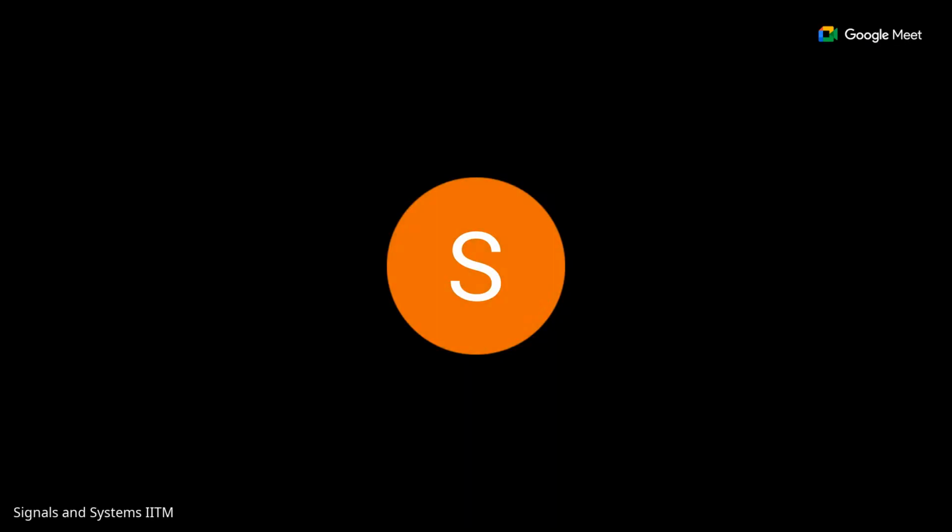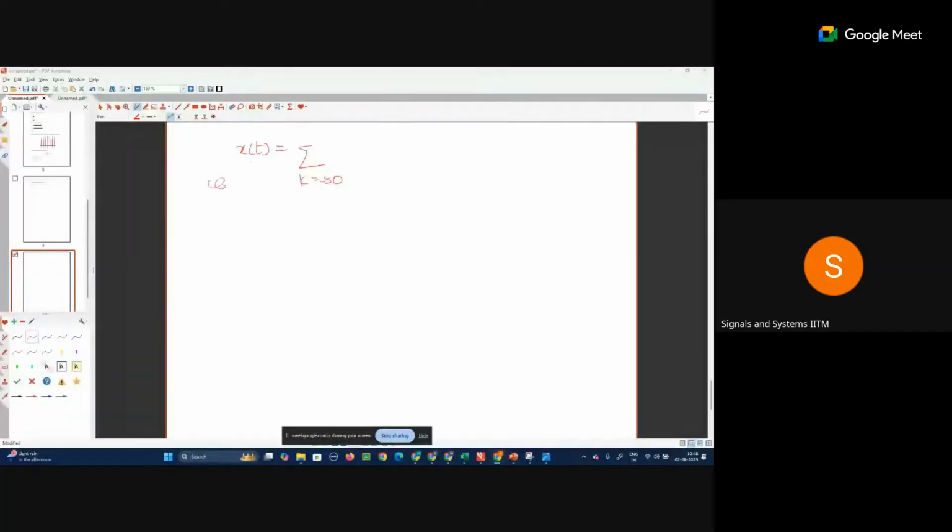Sorry for the inconvenience. So x of t is equal to the summation of k equals minus 50 to 50 of cos k pi e power j k t 2 pi by 50, right? Yes. The question is to find whether it is even or not.